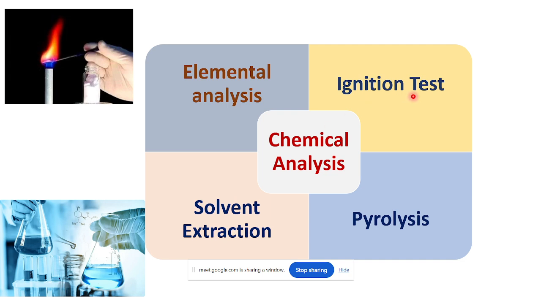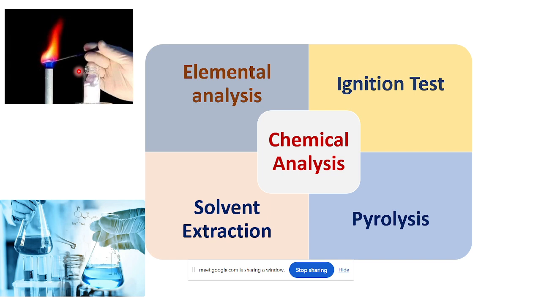Another one is the ignition test. If you ignite, you may see some flame, you may see some volatile gases coming. From that, you can predict what chemical elements are present there. I don't know whether some of you have performed this; it is showing here a platinum wire.